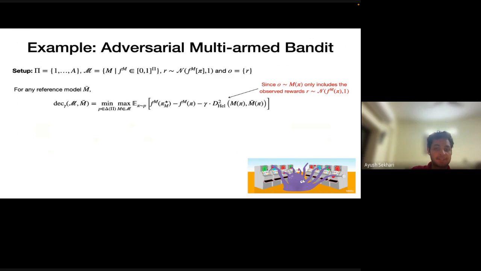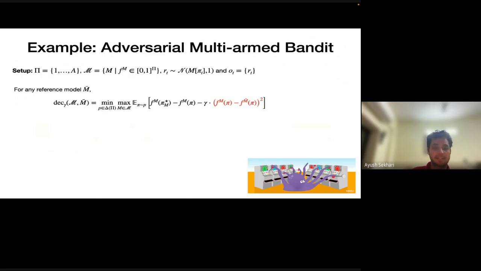So substituting this property over here, we can replace this Hellinger divergence by the square distance between expected means. And by explicitly solving this min-max problem, one can show that for this particular problem setting, the decision estimation coefficient scales something like A over gamma up to constants.